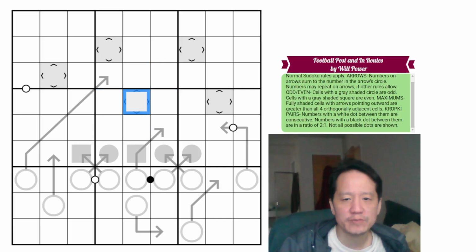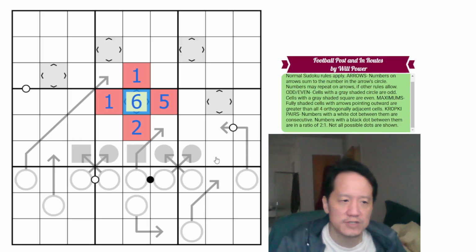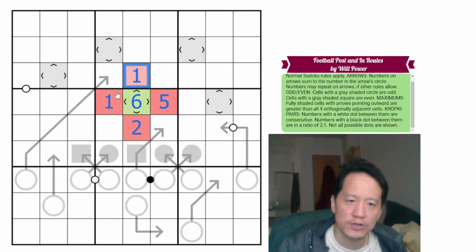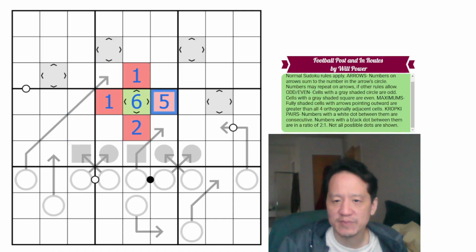So this maximum would have to be greater than the 4 orthogonally adjacent cells. For example, you could have something like this is 1, 1, 2, and 5, and this could be 6, right? Because the 6 is greater than 1, 1, 2, and 5. And that's how maximums work.